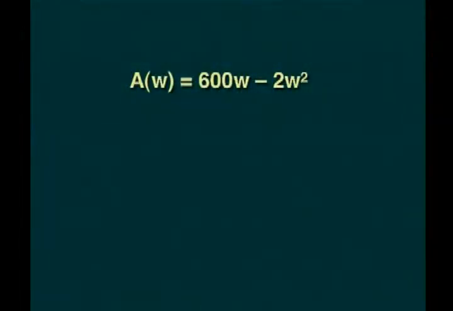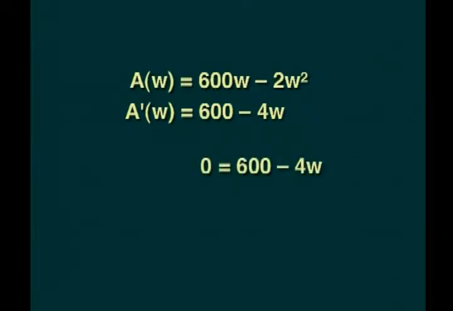We take the derivative, and the derivative of 600W minus 2W squared is 600 minus 4W. And then we say, under what circumstances is that derivative equal to 0? Well, 600 minus 4W equals 0.